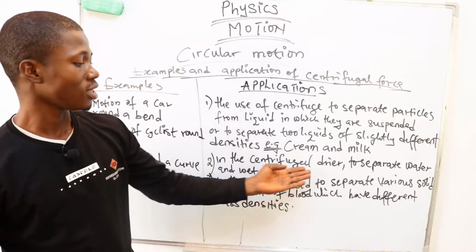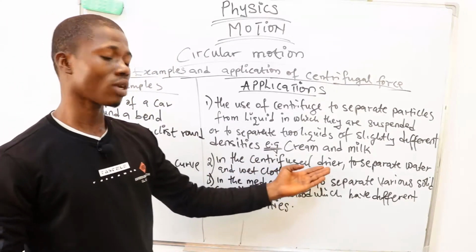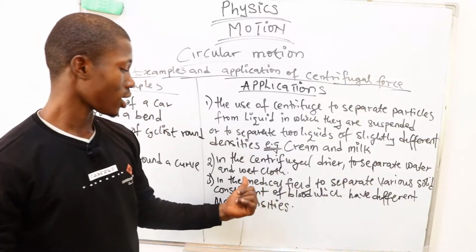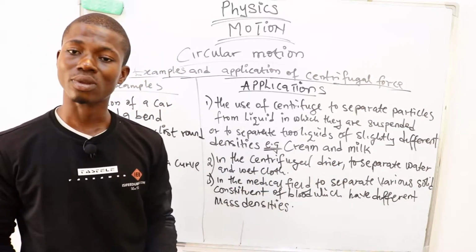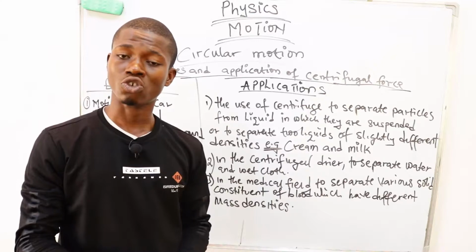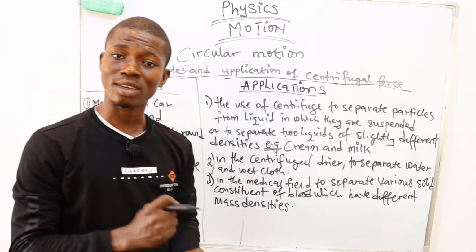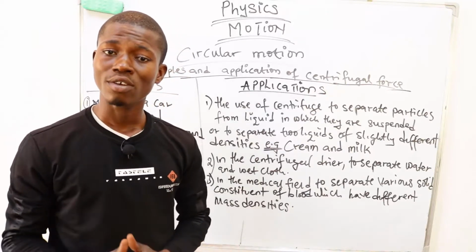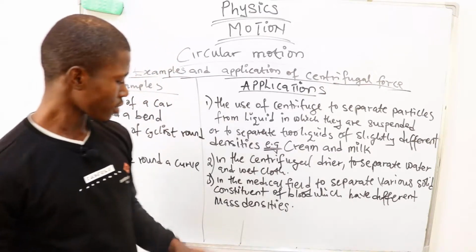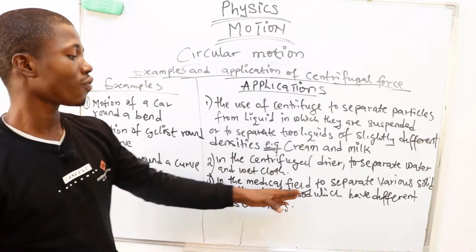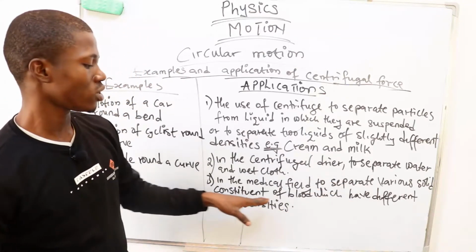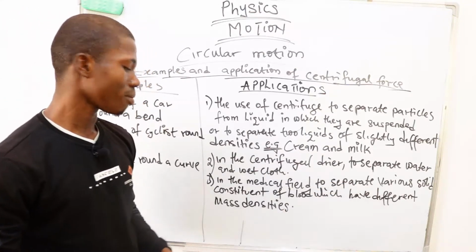Number two is the centrifugal dryer, to separate water from wet clothes. These are dryers that we use to wash clothes in our house. It is the application of this centrifugal force that dries our clothes. It separates the water from our clothes. Do you get? And number three here is in the medical field, to separate various solid constituents of blood which have different mass density.